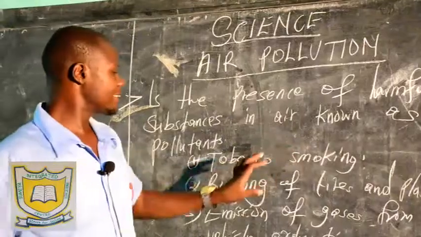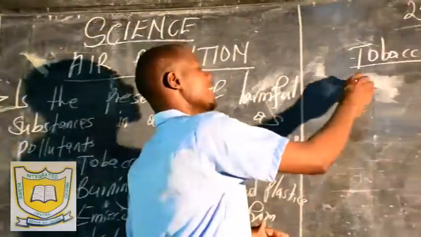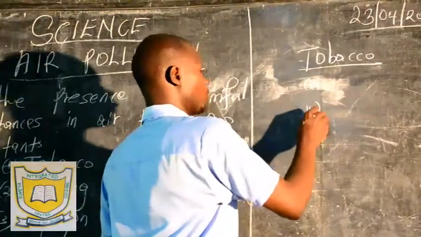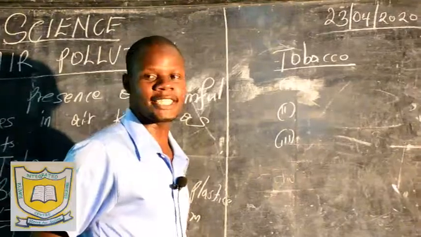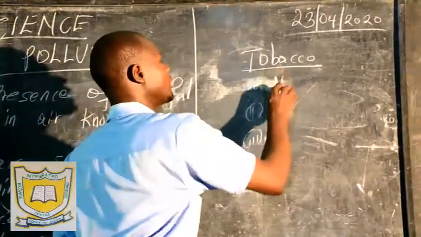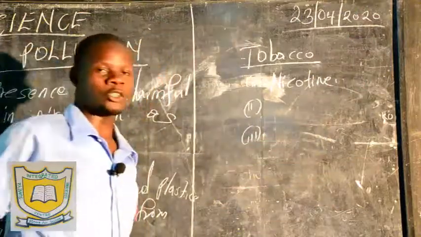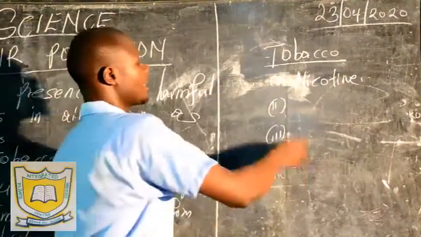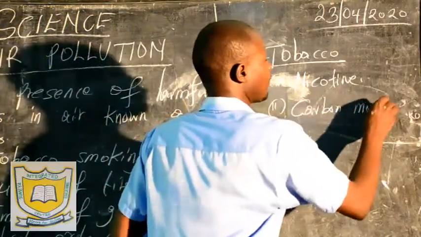Now, what does tobacco contain? It contains 3 substances. You know them, you discussed them under drugs in standard 7. One is nicotine, one element in tobacco. The second is carbon monoxide.